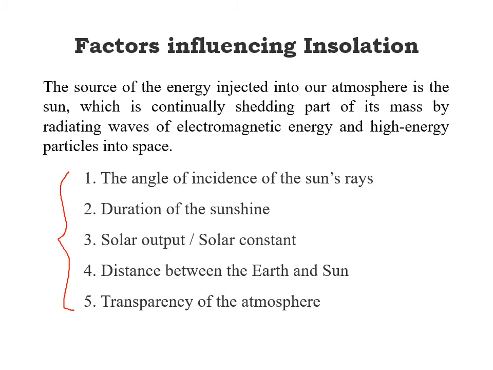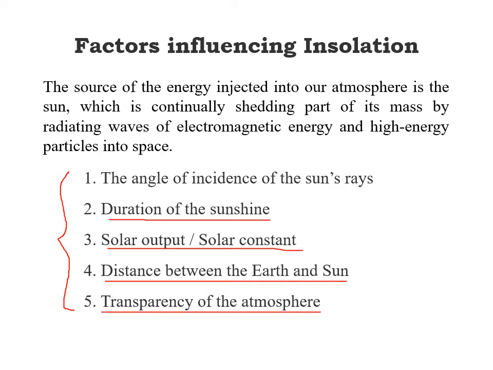The first is the angle of incidence of the sun's rays, also known as the altitude of the sun. Second is the duration of the sunshine. Third is solar output or solar constant. Fourth is the distance between earth and sun. And the last one is the transparency of the earth's atmosphere. Now we'll discuss each of these points elaborately.